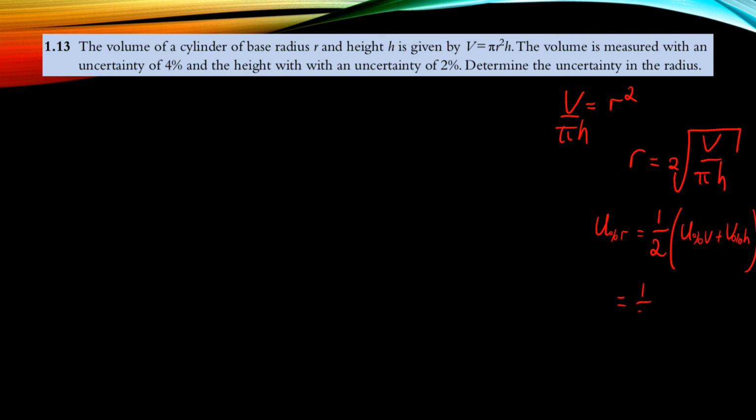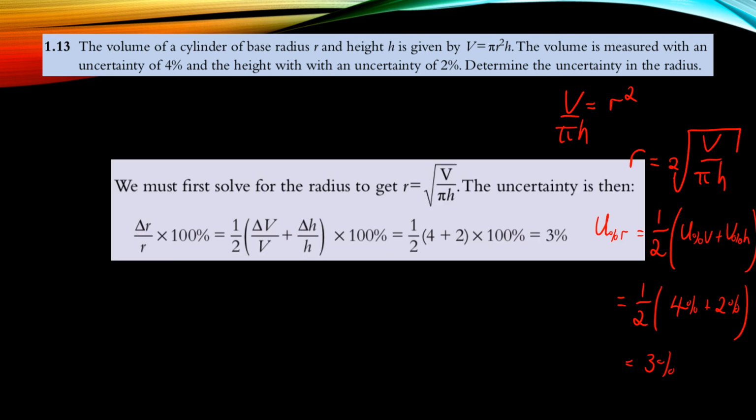That's going to be a half of 4% plus 2%, which is 3%. So we've solved for the radius. The uncertainty then is going to be half as much as the percentage uncertainty on v over pi h, which is 3%.